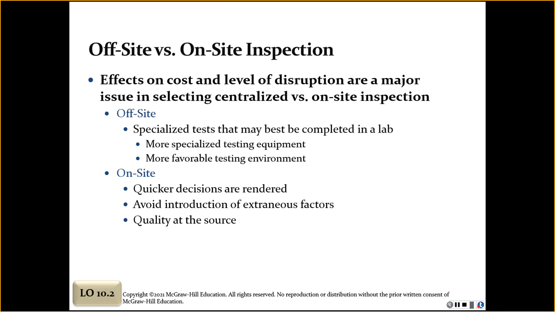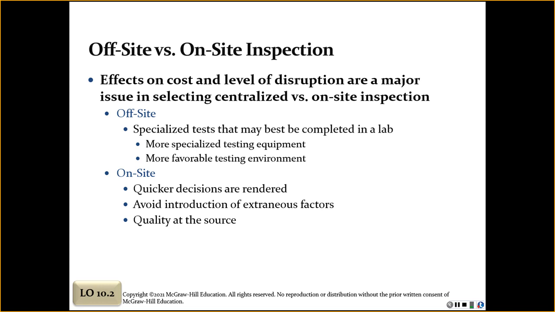You use off-site or centralized inspection when the tests are specialized, because it may be best to complete in a lab. So things like medical testing are usually done off-site. When food's analyzed, that's usually done off-site from wherever the food's being produced. So anytime there's specialized testing that needs to happen, the inspection's usually done off-site.